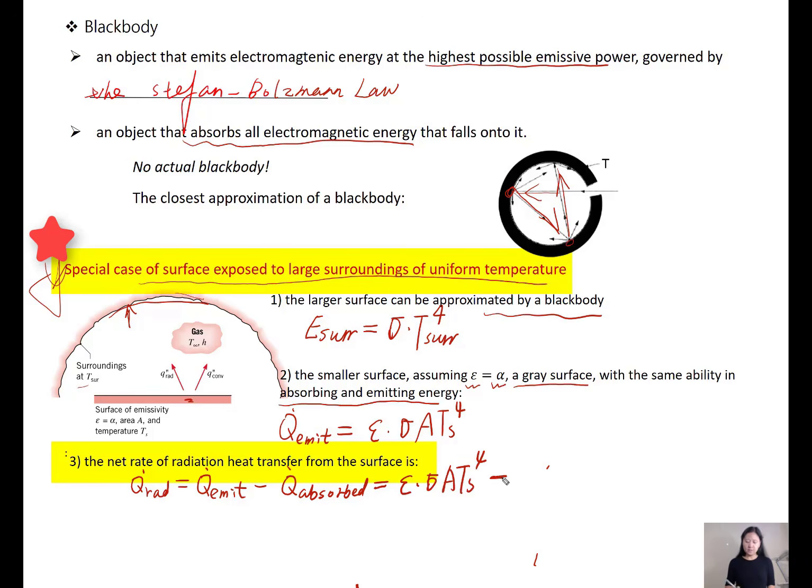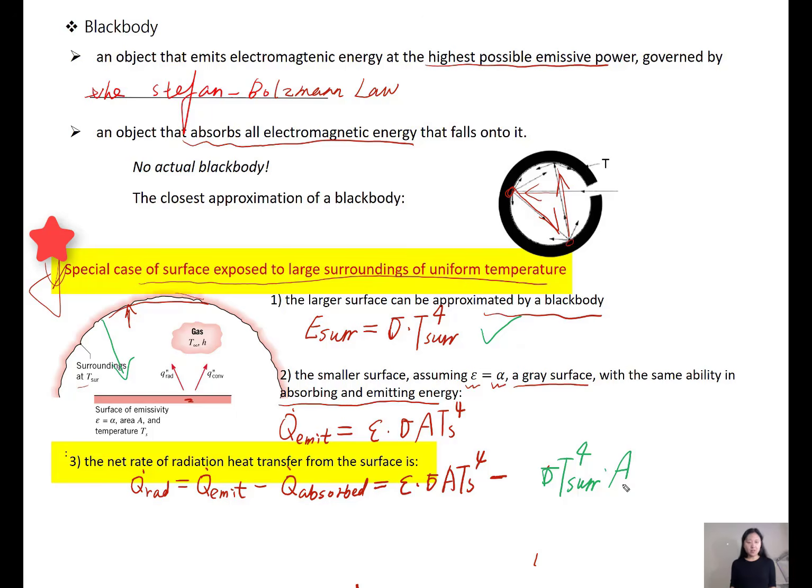The absorbed part, remember, the absorbed energy comes from the larger surroundings. And the larger surroundings emits energy at this rate. So the amount of energy that is incident onto the smaller surface is sigma multiplied by T_surr to the power of 4 multiplied by the area of the smaller surface.